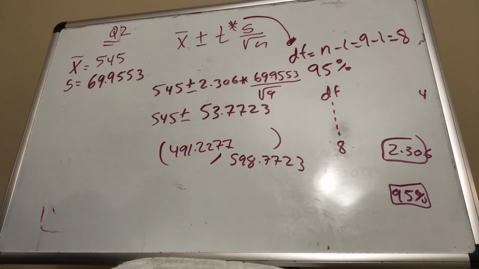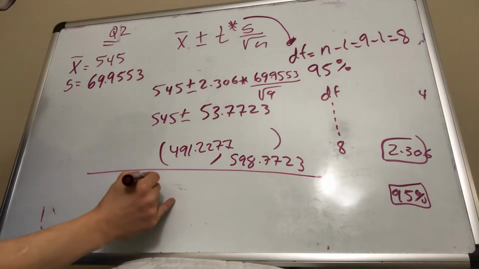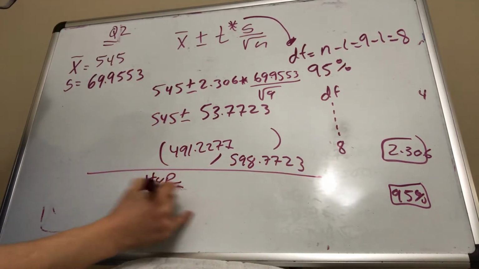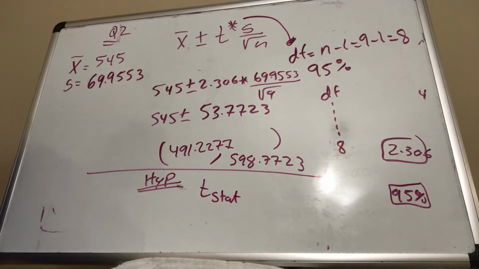Then in question 2, they tell you, you wish to test a null hypothesis that the true mean for the unfurnished apartment is 500. What's the value of the test statistic? So when you do this hypothesis, the t statistic, we call it the t-stat for hypothesis. You'll see the formula in your formula sheet.